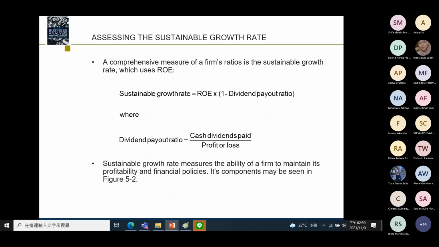Of course, the firm can grow at a rate different from its sustainable growth rate if its profitability, payout policy or financial leverage change. Therefore, the sustainable growth rate provides a benchmark against which a firm's growth plans can be evaluated.